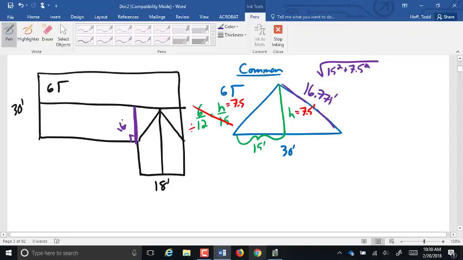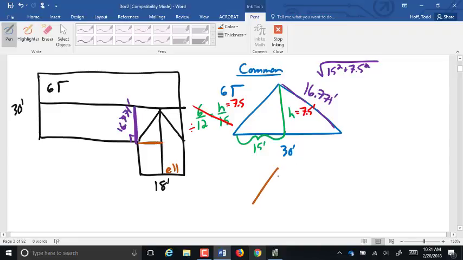So this here is 16.771 feet. Now then we're going to use that on the, this is actually referred to as an L here, the L roof side, to find this.